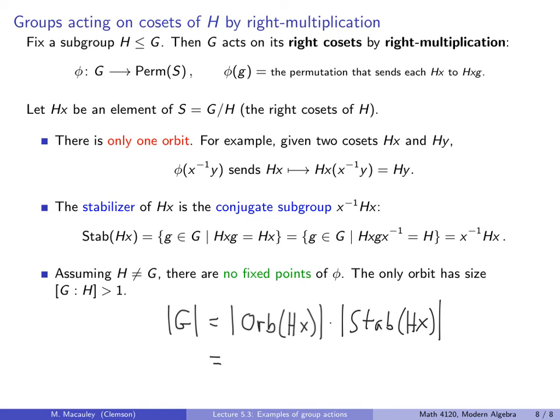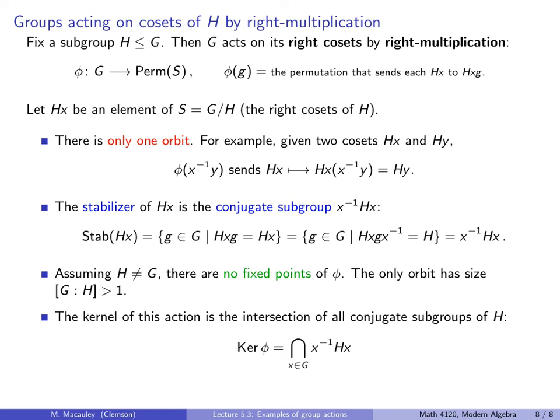And so the size of the unique orbit is the number of cosets, which is the index of H in G. And the size of the stabilizer, well, the stabilizer is a conjugate subgroup of H, so it has to have the same size, because remember this is isomorphic to H. So that's just the size of H. So we get that the order of G, so we just get Lagrange's theorem: the order of G is the index of H in G times the order of H.